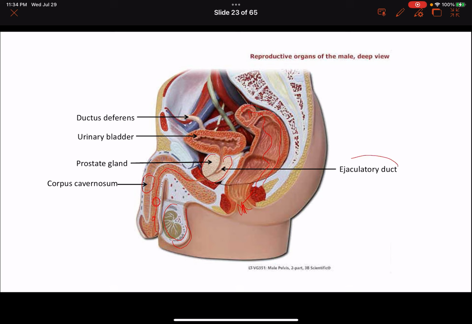So ejaculatory duct, mixing over here. Then this is the urinary bladder, ductus deferens coming through and mixing in this region over here.